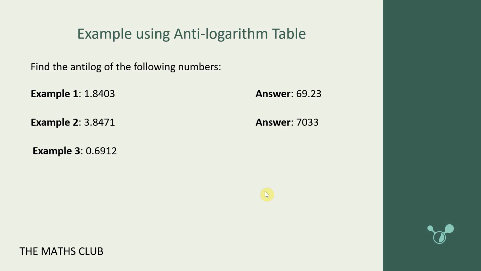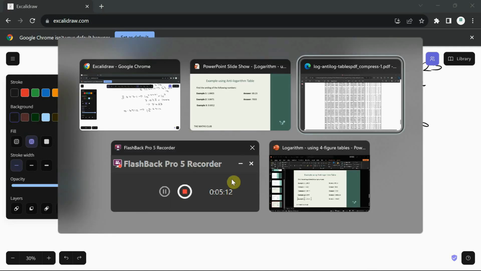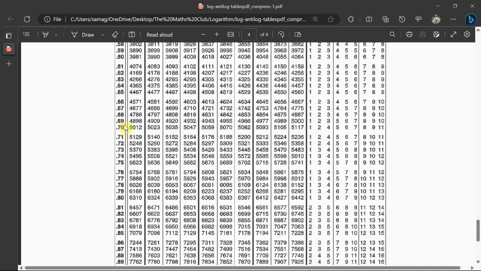Welcome back. Let's solve it together. 0.6912 expressed in powers of 10. So that's 10 raised to the power of 0.6912. I could say times 10 raised to the power of 0, but that is not necessary. So I'll go to 0.69 under 1 difference 2. 0.69, this is 0 under 1, and difference 2 is value 2.